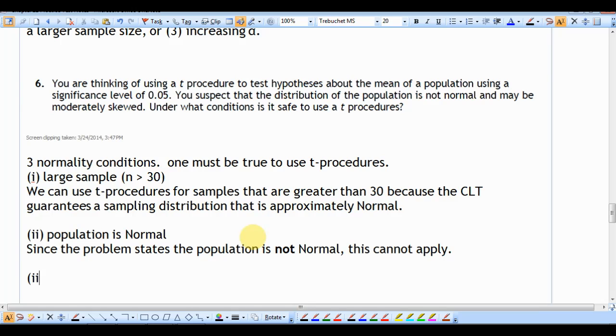And the third way that it would be safe to use T procedures would be the sample is not distinctly non-normal. Gosh, there's a double negative thing again, right? Okay.